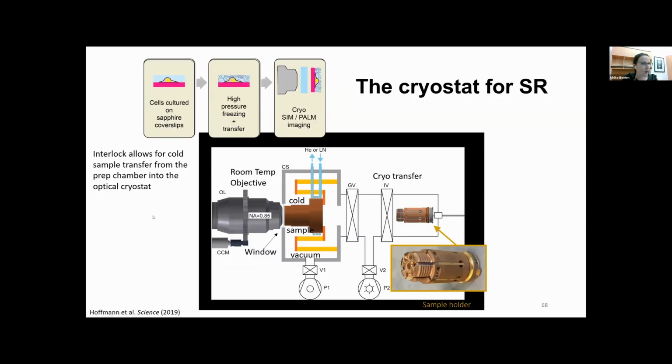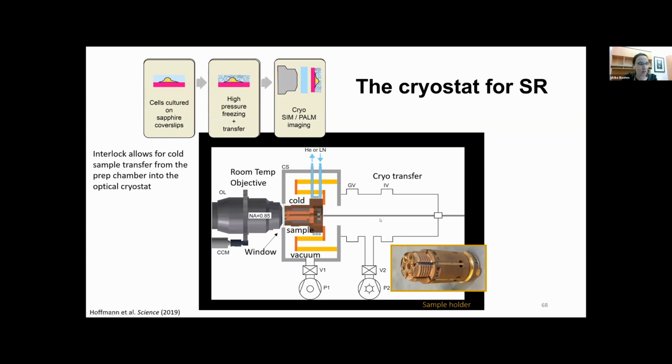And how exactly is this done? The entire imaging happens in a so-called cryostat. In principle, you have your samples, you freeze your cells under high pressure freezing, and then you transfer the entire sample into a cryostat where the sample is placed in vacuum.